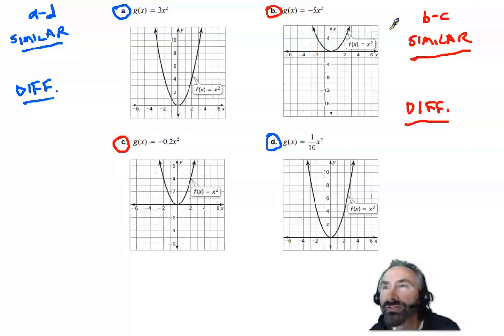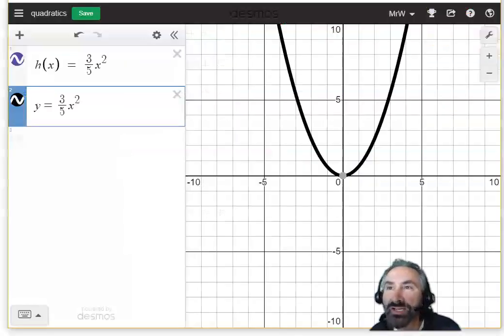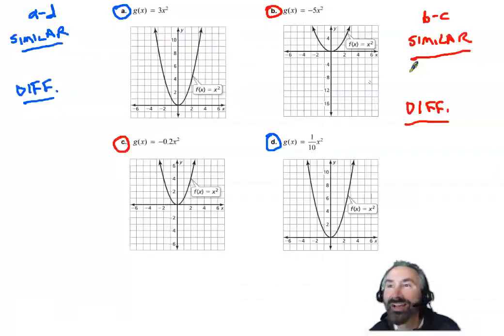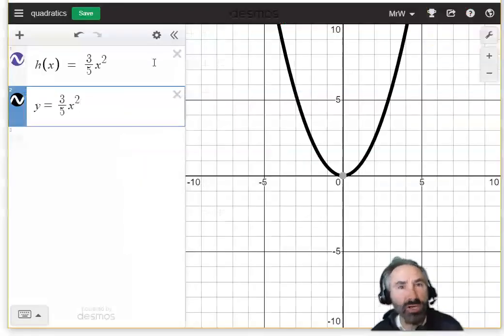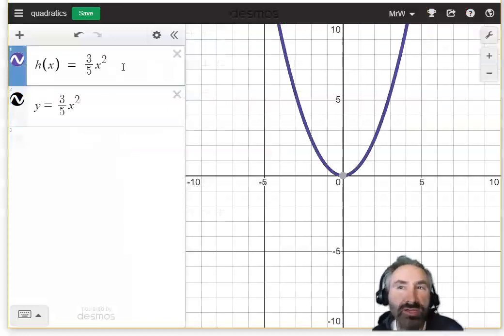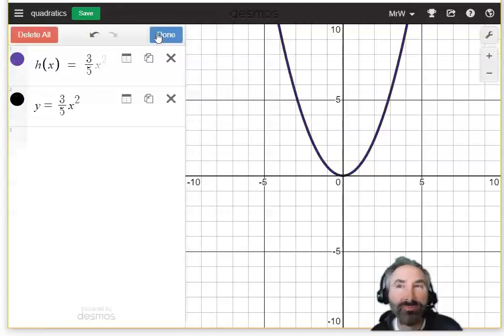And so how do you take the thing from Desmos and get it on one of these? Well, I'll show you a little trick because I care about you. You can go into the h of x equals 3/5 x squared, and then I think you click this little gear. When you do, it gives you some extra options, and one of the options is a little table.